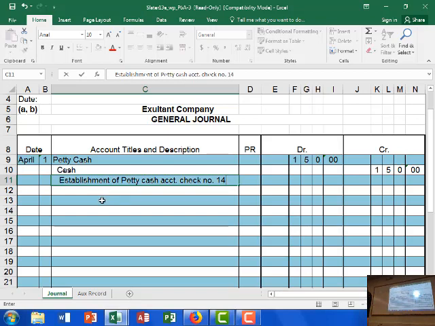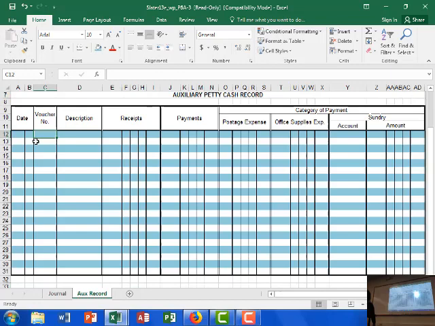Then, notice, paid $20, okay, before we even get to that, we actually have to go back into our auxiliary record and actually show the establishment on here. So you actually wouldn't even put a check number in here. All you'll do is just put the date, April 1st.